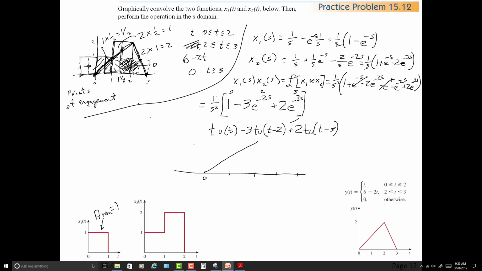So that would be something here. Whoops, I'm sorry, right here. That starts down like this. And then at time 3, take one that heads up at a slope of 2 like this. Okay, so this one here is a 1-to-1 slope. All right, this is a 2-to-1, and this is 3-to-1.